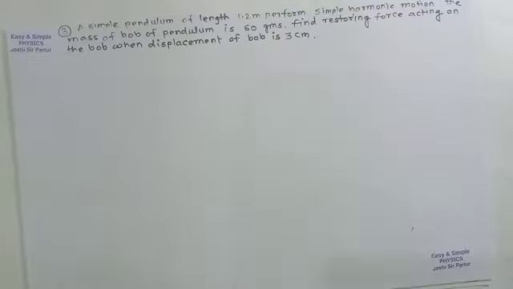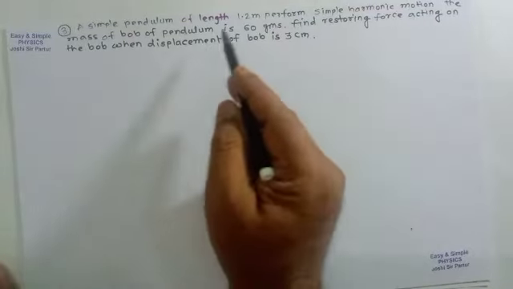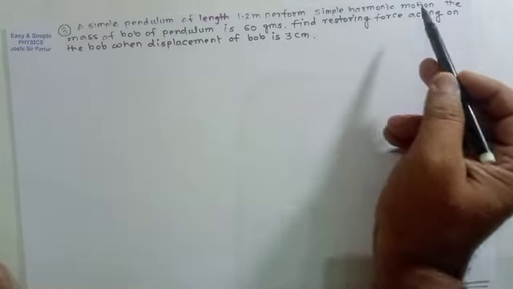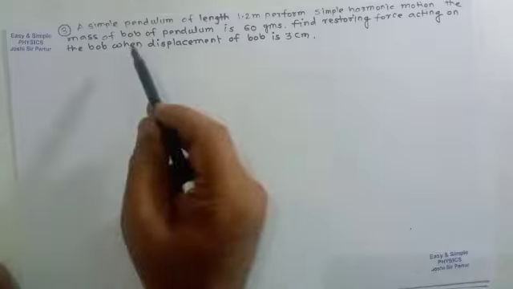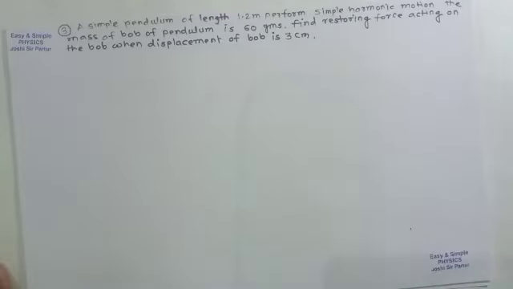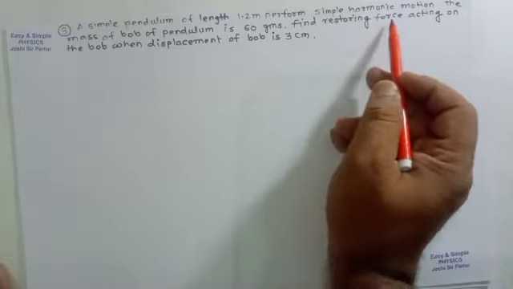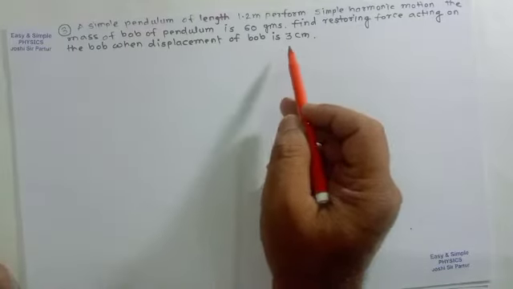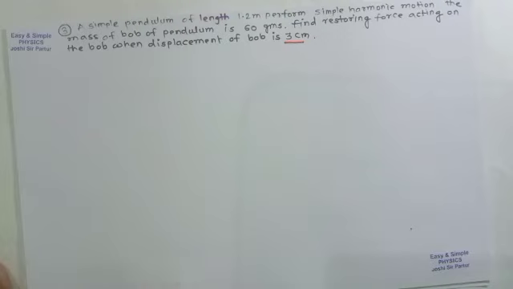Again, we have seen the third example, that is a simple pendulum of length 1.2 meter performing simple harmonic motion. The mass of bob is 60 grams. Find restoring force acting on the bob when displacement is 3 centimeter.